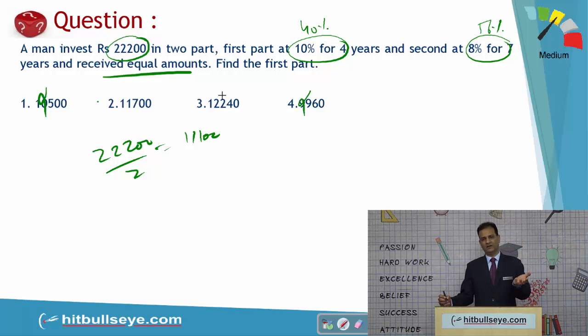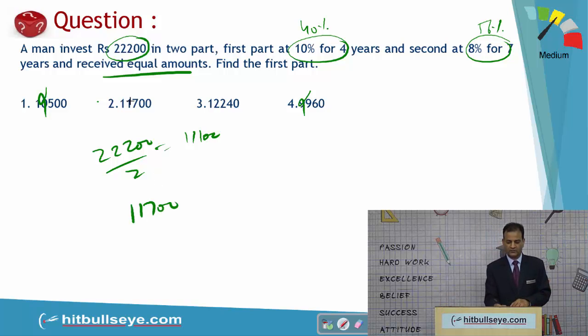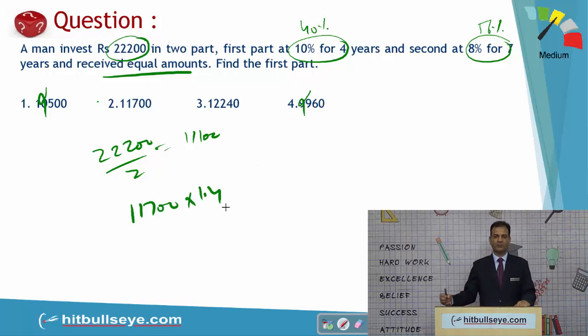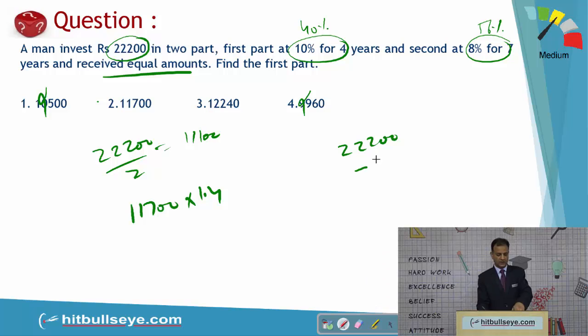Now you can multiply if you are good in calculations. Like 11700, if the first part is 11700, this is the principal, and what is the amount? I will multiply it by 1.4, because if the first part is X, then it will become 1.4X. And the second part will be 22200 minus 11,700, which is 10,500.